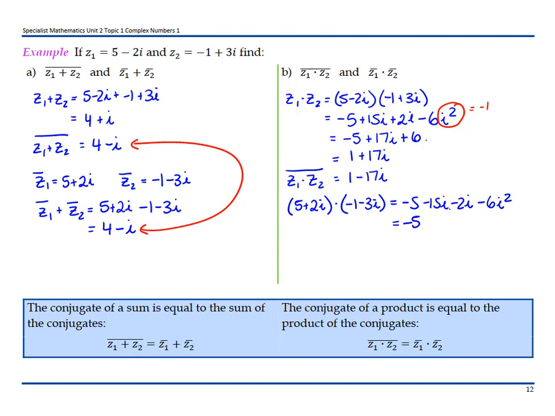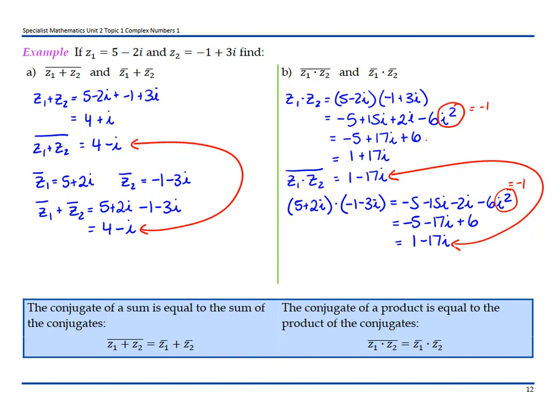Negative 5, negative 15 take 2i is negative 17i. Remembering that our i squared is negative 1, so that's plus 6. Negative 5 plus 6 is 1 take 17i. So you'll note again that they are the same.